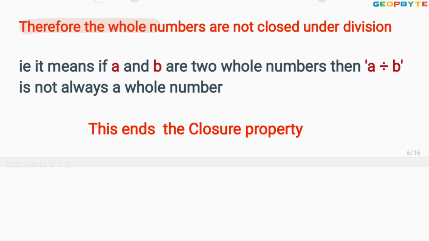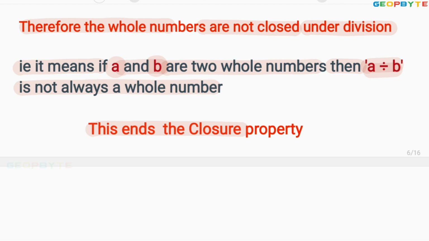The whole numbers are not closed under division. That is, if a and b are two whole numbers, then a divided by b is not always a whole number. I hope all of you clearly understood.